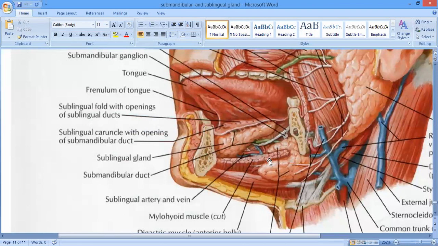From next class we'll be starting with the anterior abdominal wall. आप लोग anterior abdominal wall पढ़ के आइएगा, ठीक है? In the anterior abdominal wall, specifically we'll be talking about the planes of the abdomen, how we are going to divide the abdomen into the 9 regions, okay?